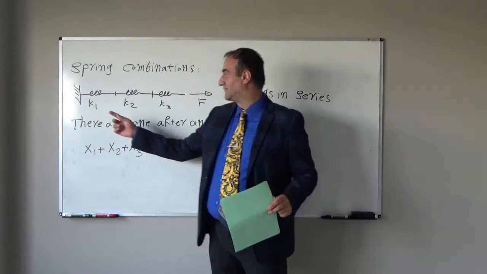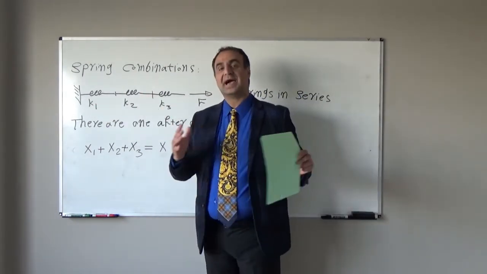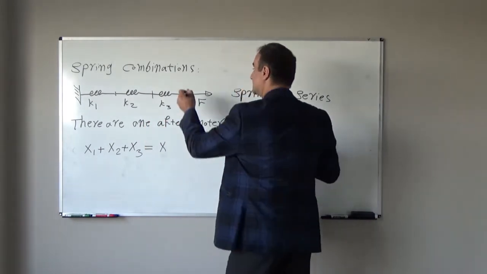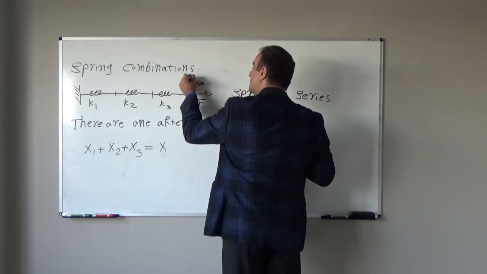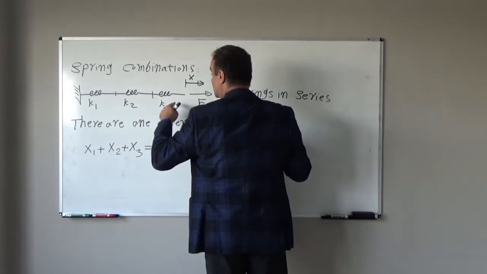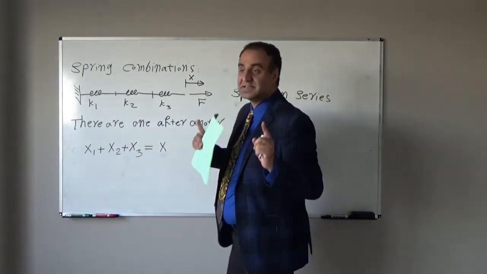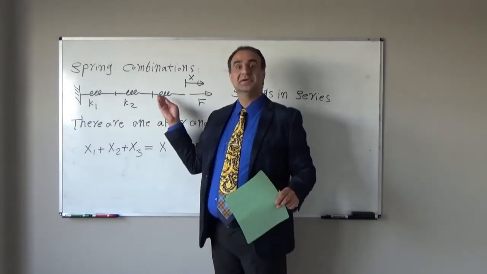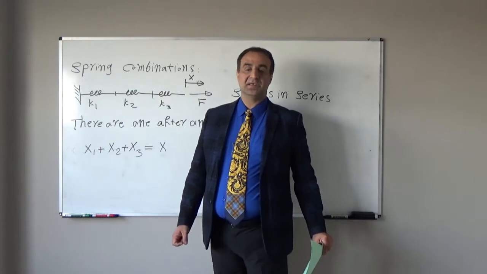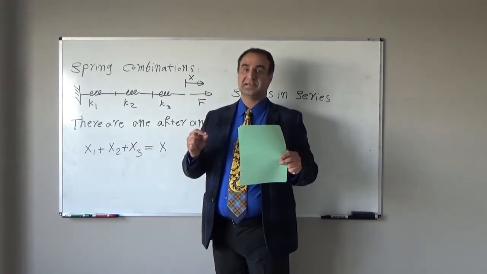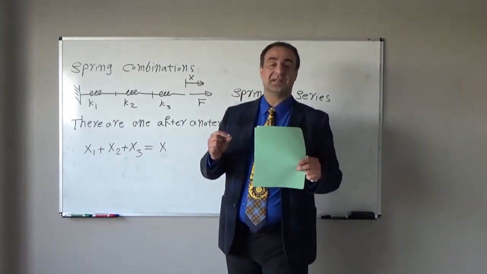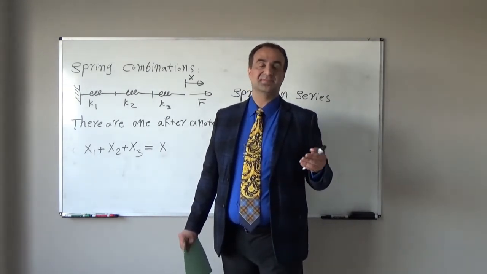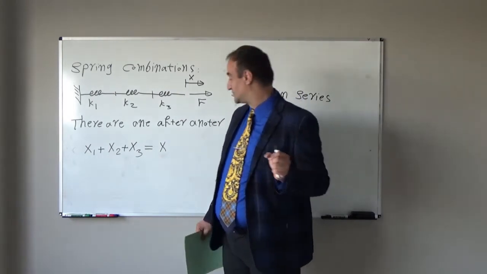So if I add the deformation of each spring together, I will end up with total deformation x at the end. If I want to substitute these springs with one spring that behaves exactly similar to this, that will be one equivalent spring, and the stiffness of that spring we will call the effective stiffness of that equivalent spring.